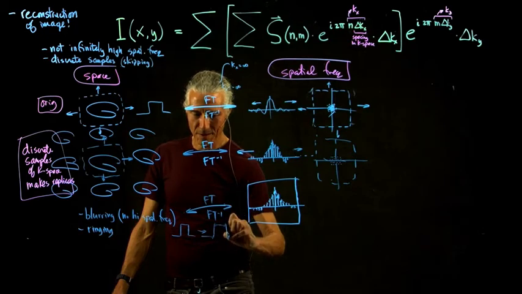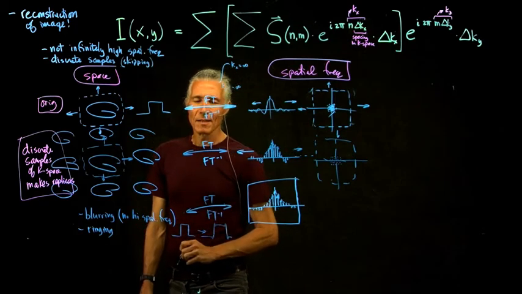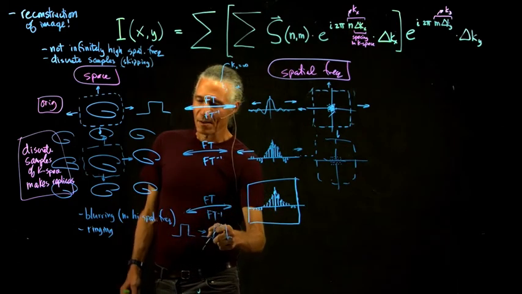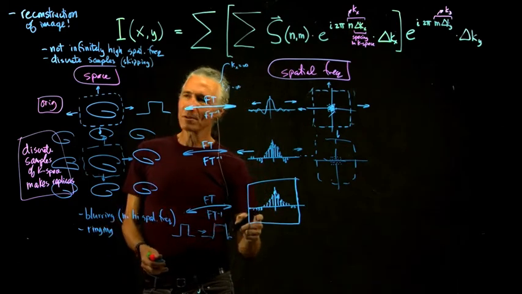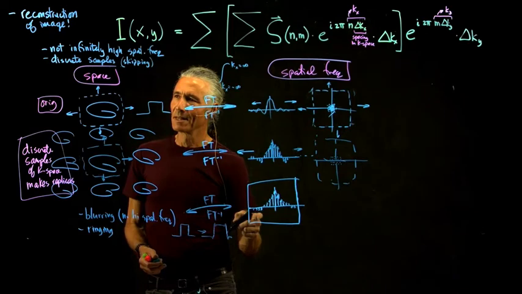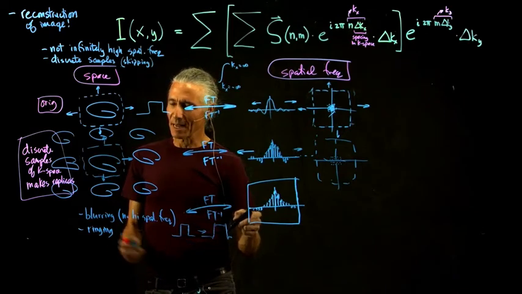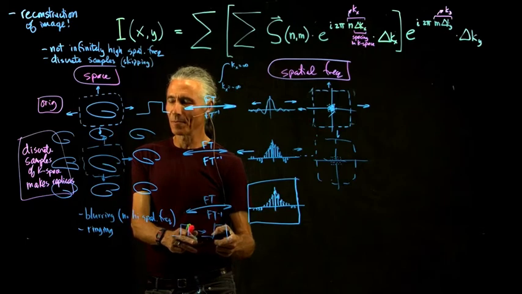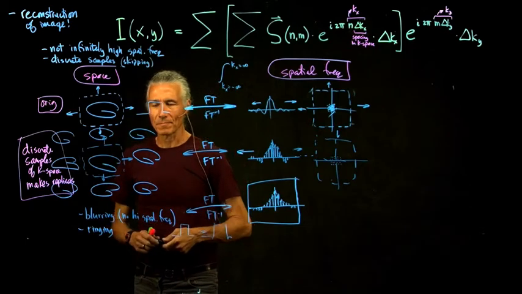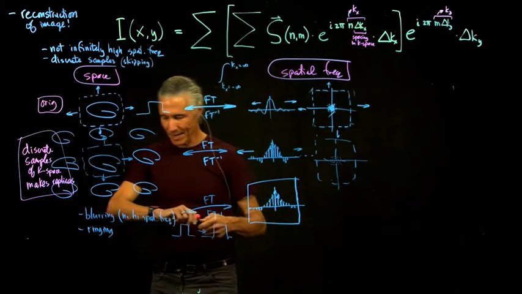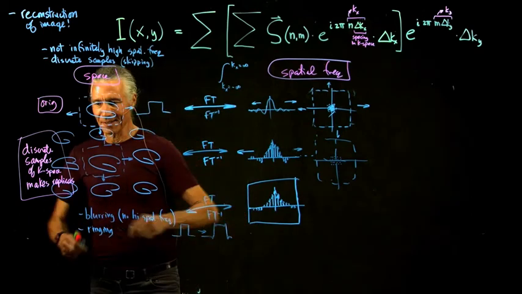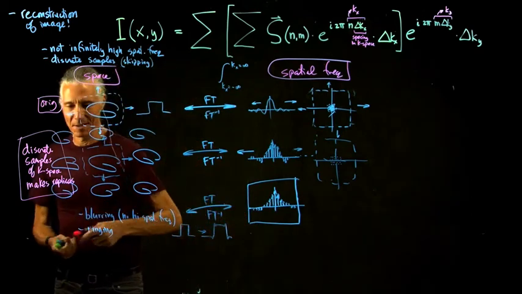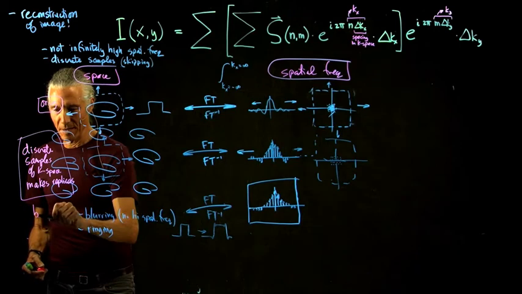So you'll get a little bit of ringing when you don't have an infinite set of spatial frequencies. So not only is it blurred, you lost high spatial frequencies, but there's this other problem.